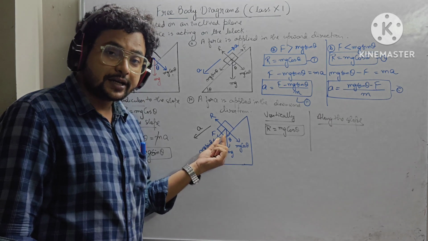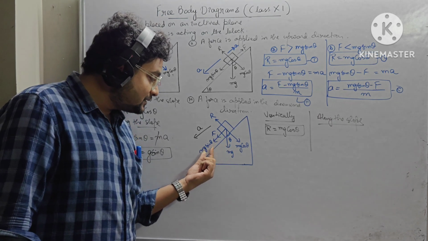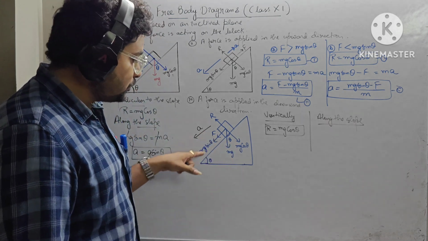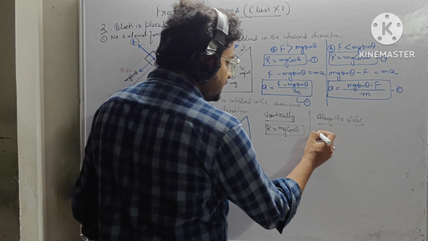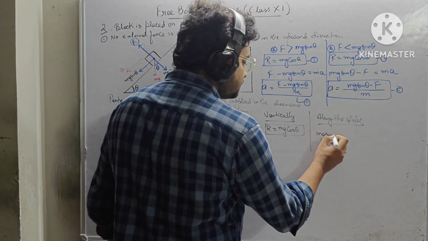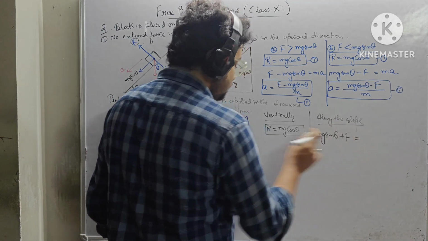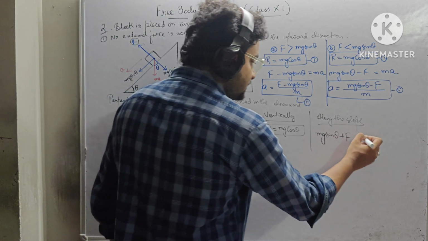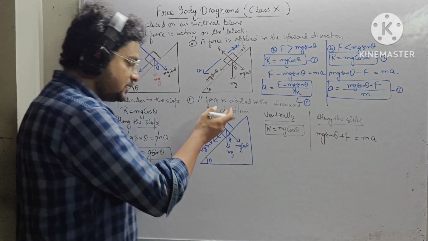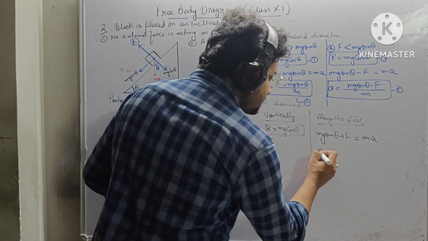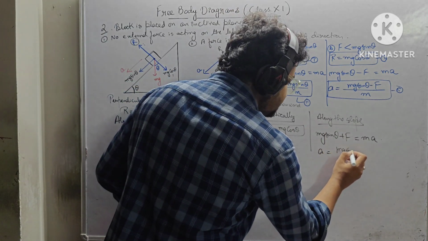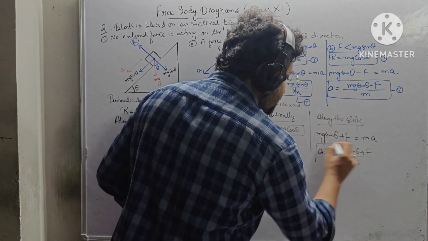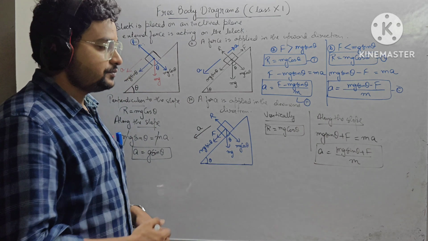So the total force acting on the body is mg sin theta plus F, and that is equal to mass into acceleration. The acceleration is in the downward direction, so the acceleration is going to be (mg sin theta plus F) divided by m.